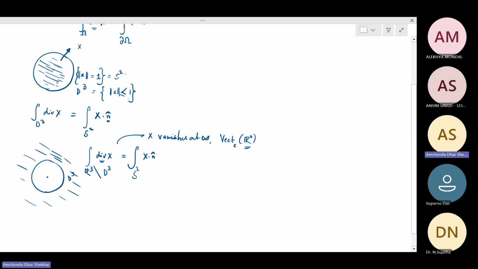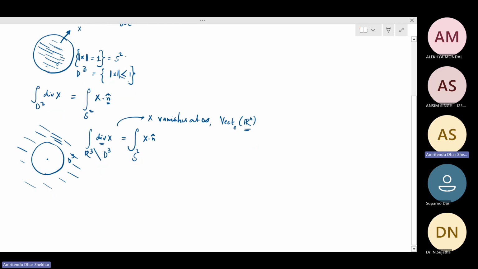This means that it's a compactly supported vector field, which means that outside a bounded region in Rn, X is equal to 0. Okay, this is what it basically means. If that holds, then you can again apply the divergence theorem.